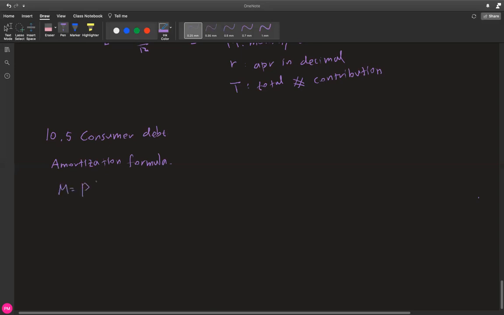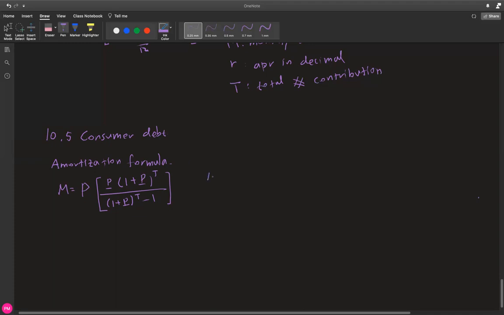M equals P, and you multiply by the lowercase p, 1 plus the lowercase p, to the power of t, and you divide it by 1 plus lowercase p to the power of t minus 1. I think this is the most complicated formula that we've done, but at the same time, we've recently done this, so I hope your memory is very fresh.